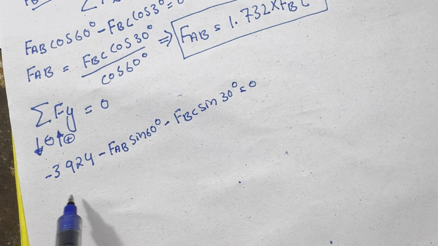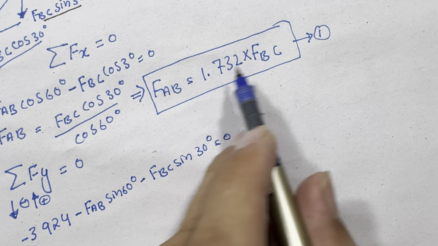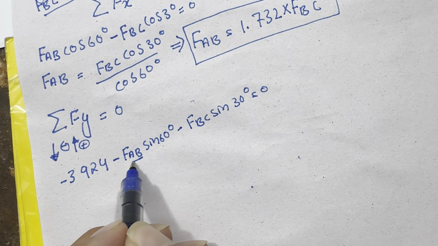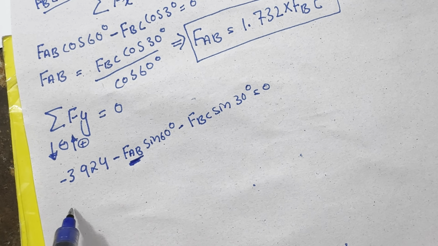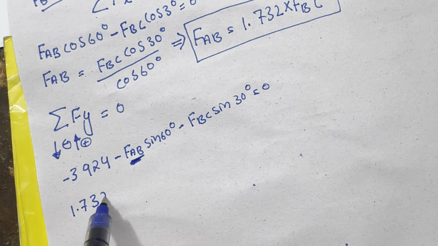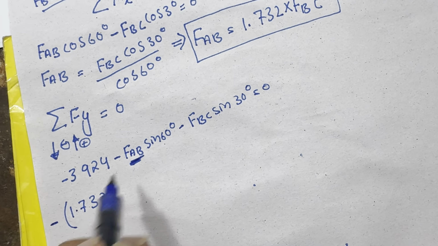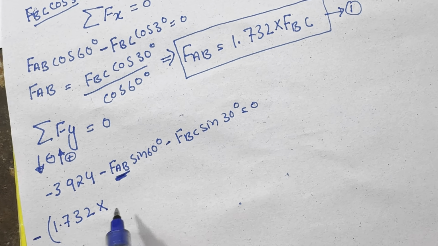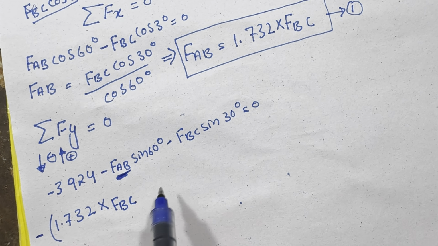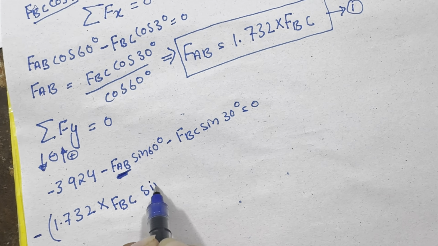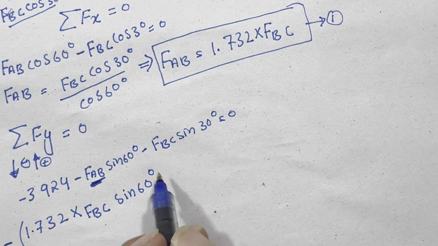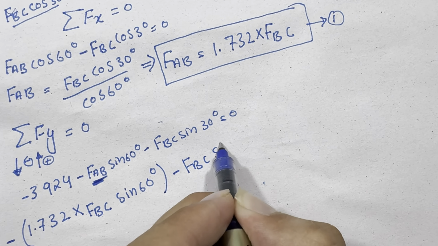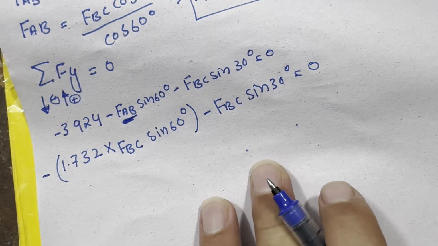I will shift this to the right-hand side, so in place of FAB I can write 1.732 multiplied by FBC, with sine 60 degree, and negative FBC sine 30 degree equal to 0.